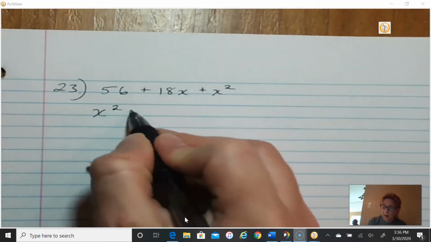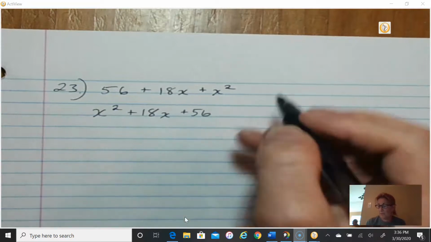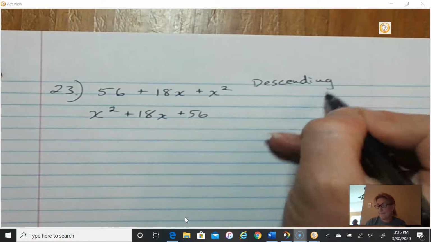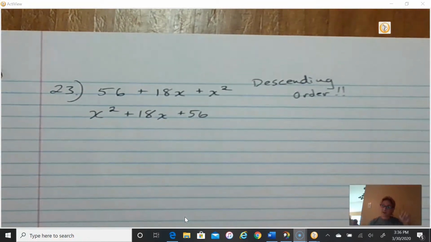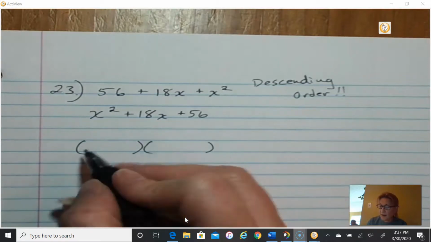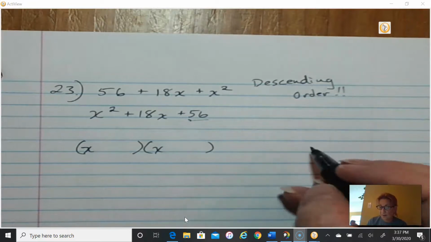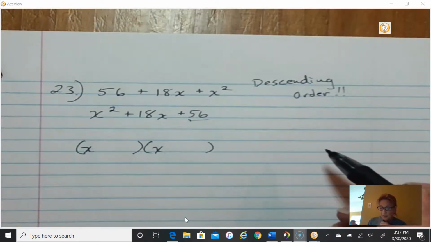You have to rewrite it in descending order. Okay, descending order. Alrighty, so now that we have that, we know that x and x are going to go first. So now we got to figure out this. Both are positive, so you can just stay with positive, right?